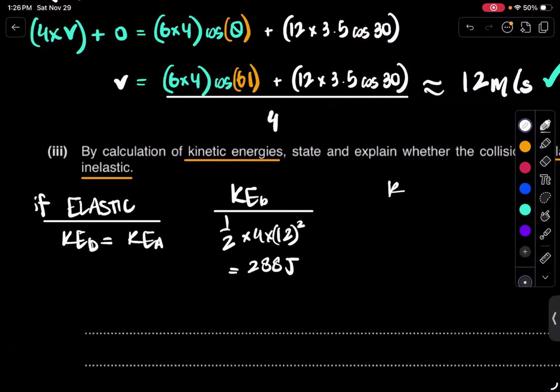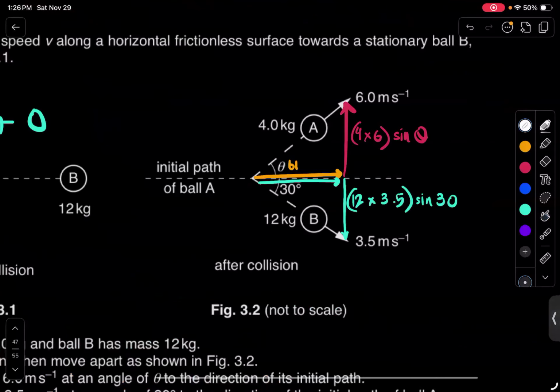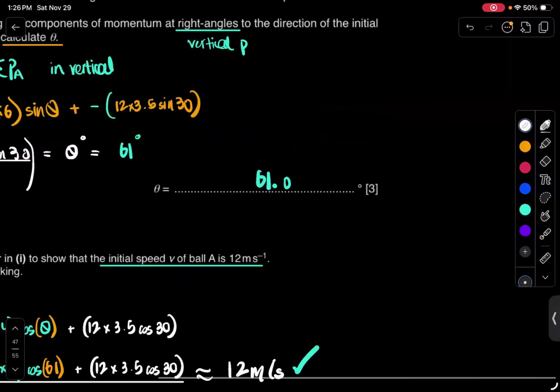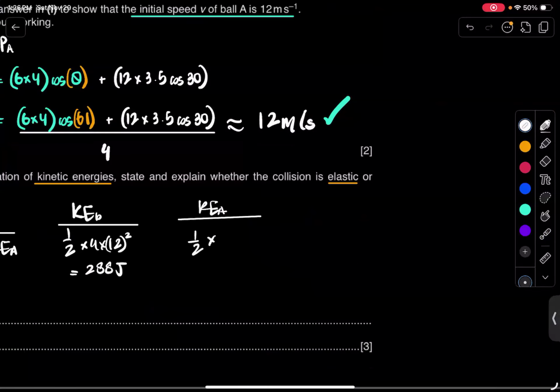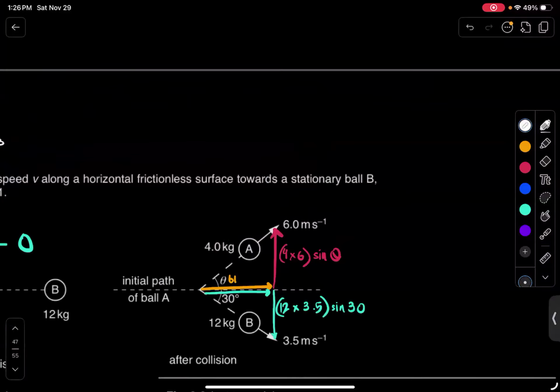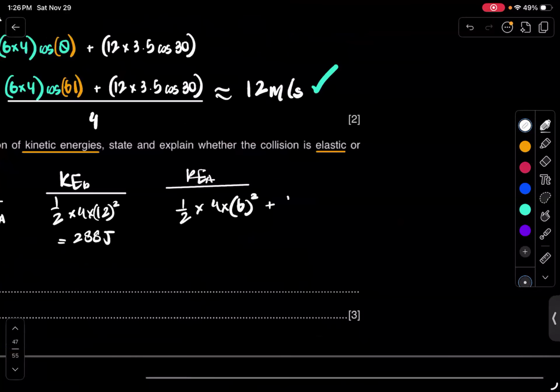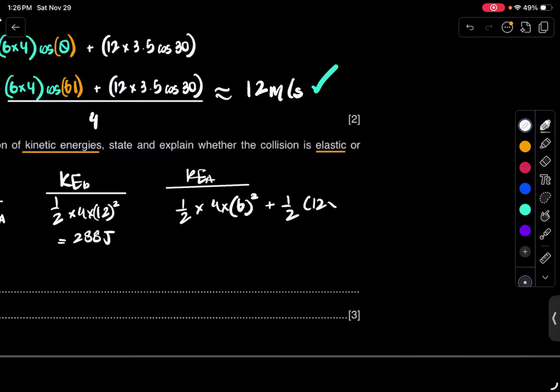Okay. Now what is the kinetic energy after? In this case, you have two balls, A and B, moving. So that means it's going to be 1/2 into 4 into 6 squared plus 1/2 into 12 into 3.5 squared.